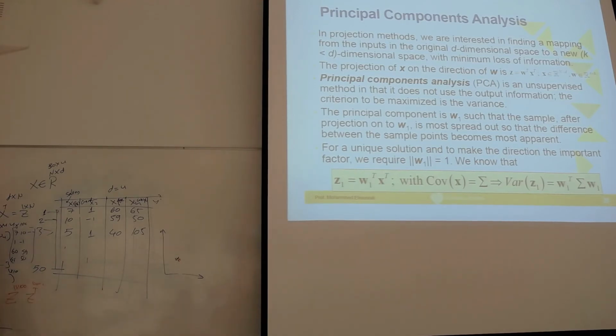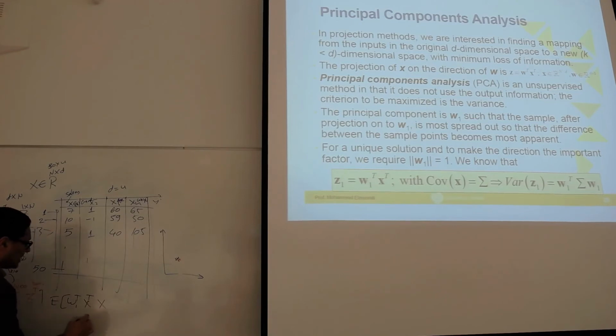The variance of Z1 is the expected value of Z times Z transpose. We know that Z is equal to W1 transpose times X transpose, and Z transpose means that you just swap them, so you have X times W1.